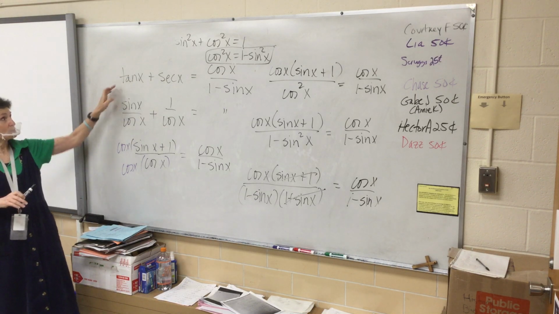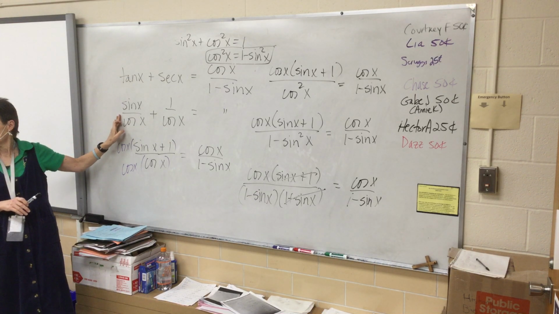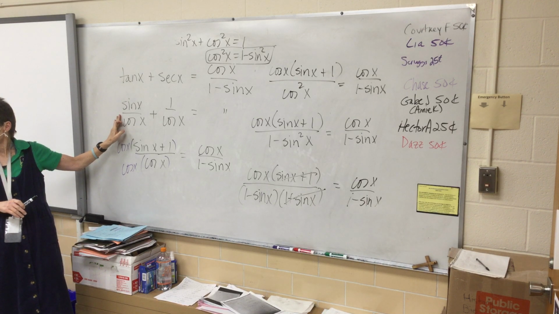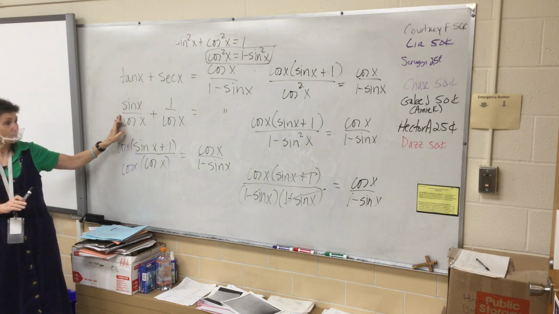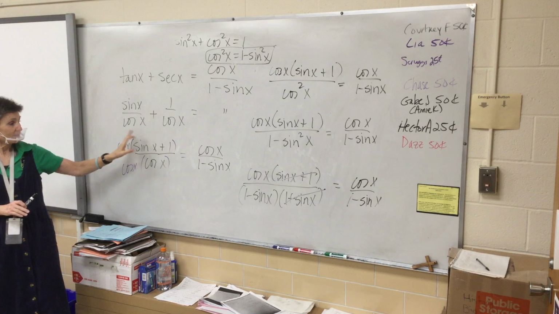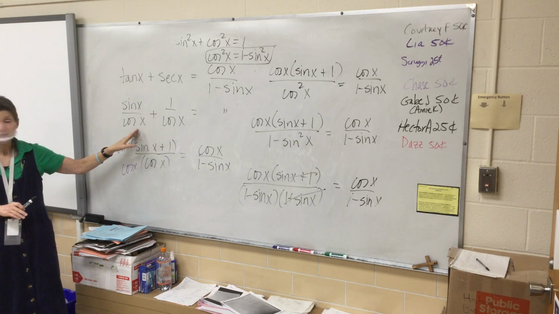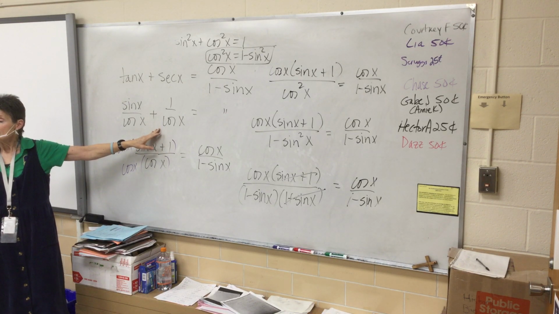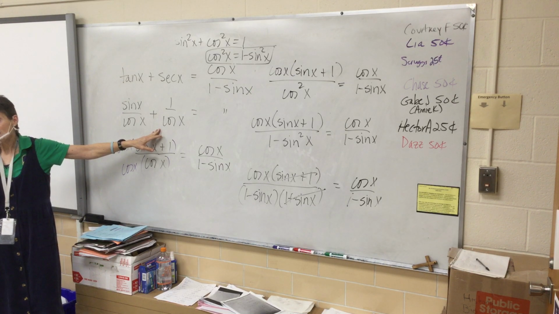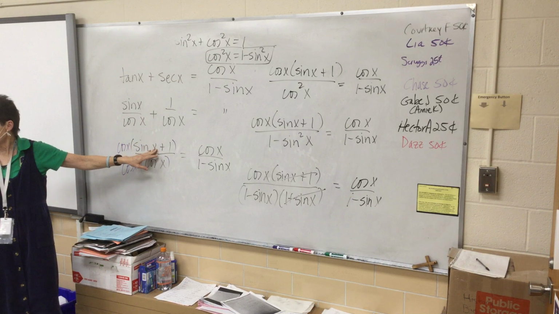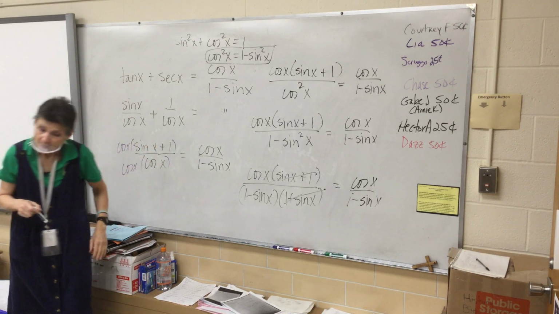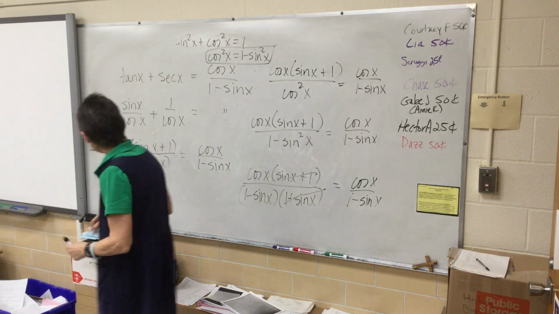So first thing was pretty obvious. Let's change into sines and cosines, right? Second, I kind of messed it up here, but the second thing we did was add these fractions. Now, normally, you need to get a common denominator. We didn't have to this time, but that would be your next step, add them together. Now, the next step was tricky.